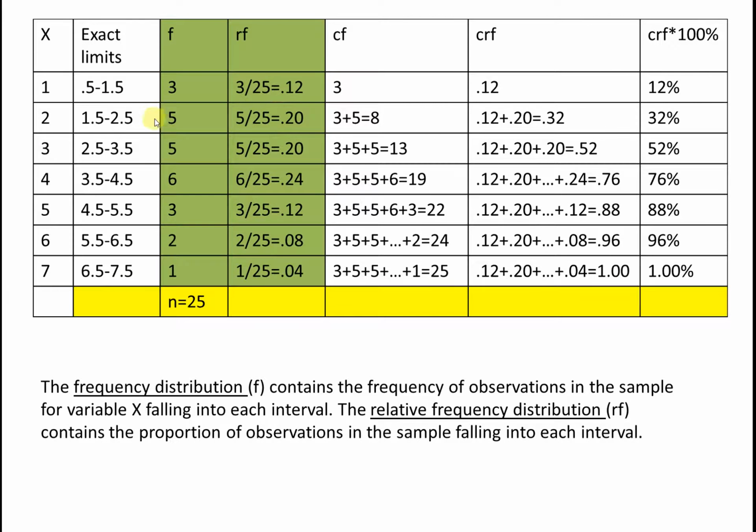If we have a frequency of 5, which is associated with our observed value in our data of 2, technically the 5 observed values with enough measurement precision would fall between 1.5 and 2.5, or a relative frequency of 0.20, which would capture basically 20% of the sample there.